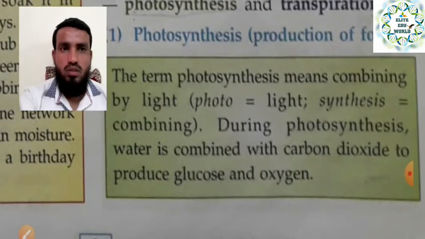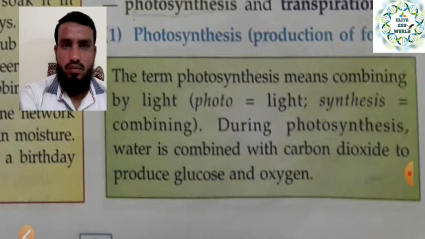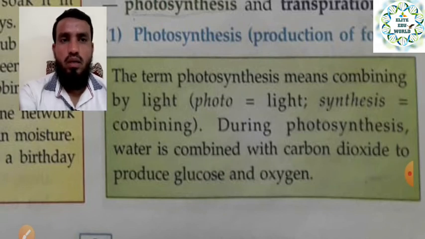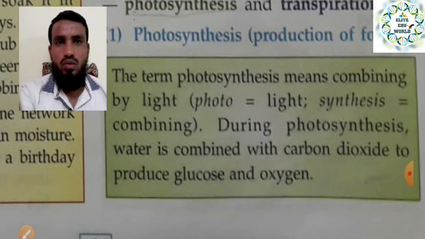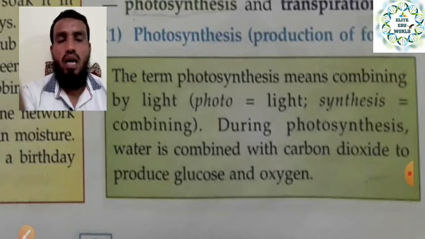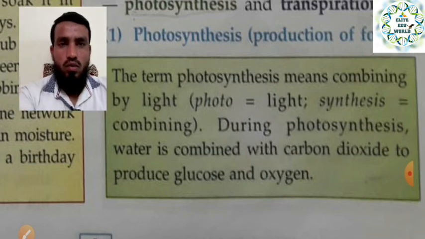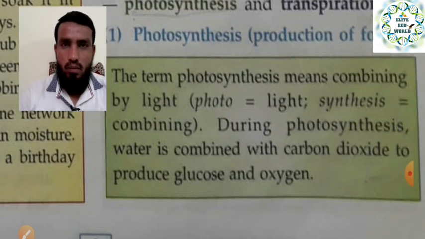The term photosynthesis means combining by light. Photo means light and synthesis means combining. So during photosynthesis, water is combined with carbon dioxide to produce glucose, right? Because we already know that for photosynthesis the plant needs sunlight, water and carbon dioxide.